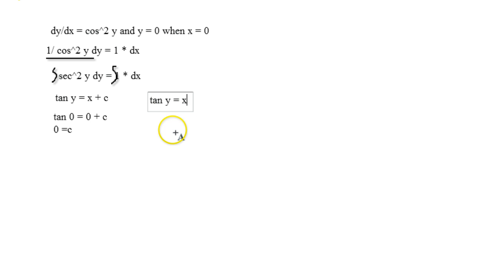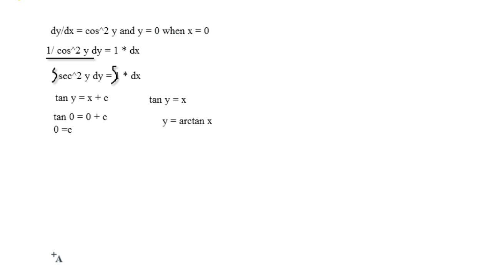Pretty simple. I'm going to do the inverse to both sides, so y equals arctan of x. Let's put the equal sign in there because that would make it nice and neat. And voila, you have done separable integration of this function up here.